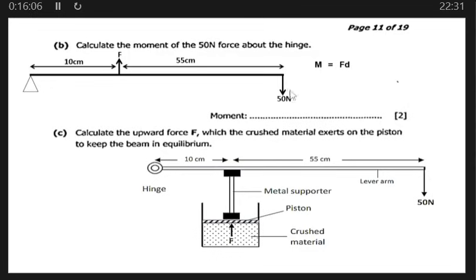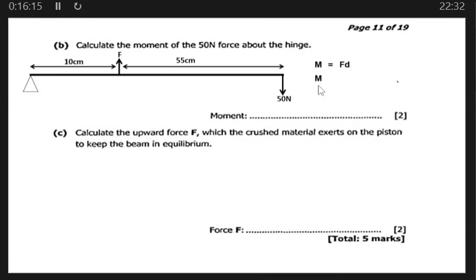So in our case, moment is equal to the force, which is 50 Newton, times the distance between the force and the pivot, found by adding 10 centimeters plus 55 centimeters, which gives us 65 centimeters. But we should understand that when dealing with moments, distance should always be in meters. So that 65 centimeters can be converted to meters by dividing it by 100.